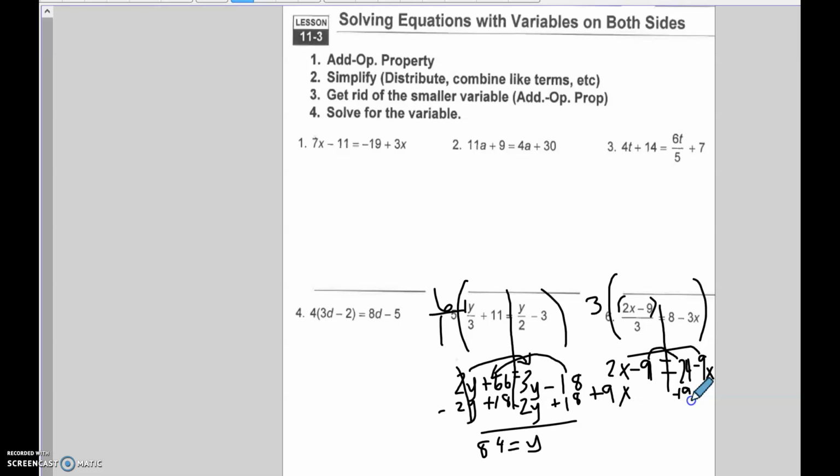Okay, I'm running out of time on my video, so I'm going to have to hurry up here. So this is plus 9. 24 plus 9 is 33. And 2 plus 9 is 11x. Last step would be to divide each side by 11, and x equals 3. And then I would go back and check and make sure that that is the answer.